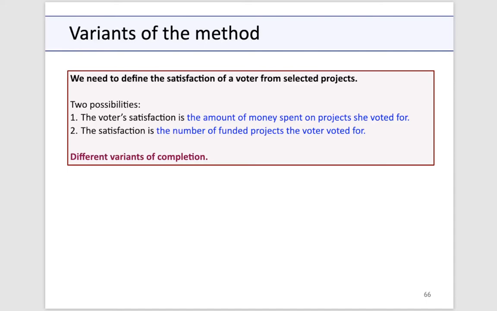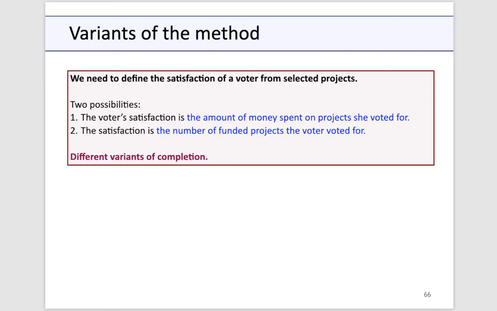Similarly, there are different ways in which we can complete the outcome returned by the method of equal shares to make it exhaustive. We recommend the following variant. So we run the method of equal shares and we check the cost of the selected projects. If this total cost is lower than the available funds, then we slightly increase the initial endowment of the voters.